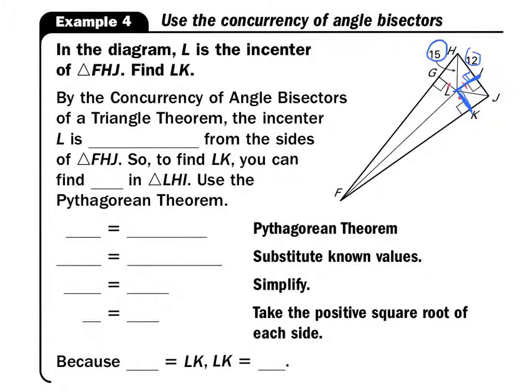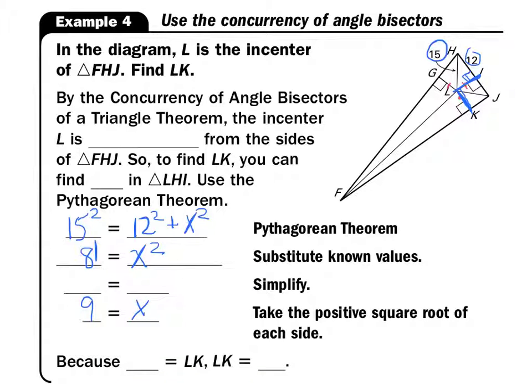So we're going to say that 15 squared equals 12 squared plus x squared. And then, by the magic of algebra again, you're going to get down to 81 equals x squared. And so 9 equals x.